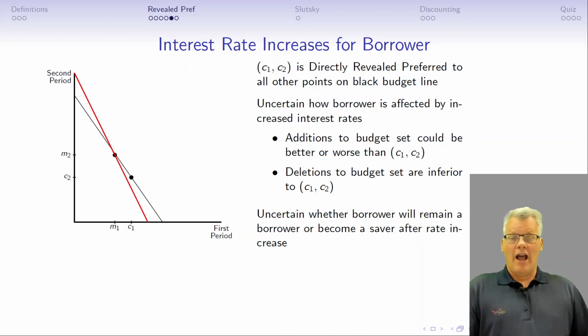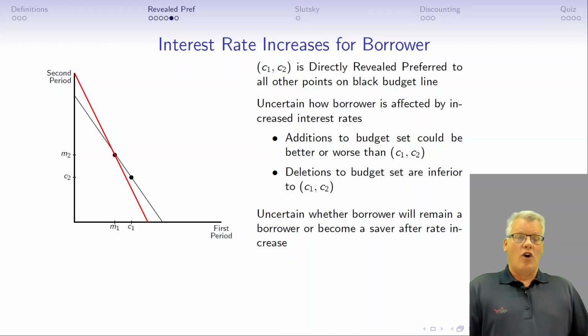And the reason why, again, is that the original consumption point, C1, C2, is now no longer affordable, and the consumer has new combinations that are available to them. That's in the northwest corner, and we don't know whether those points would make the consumer better off or worse off.